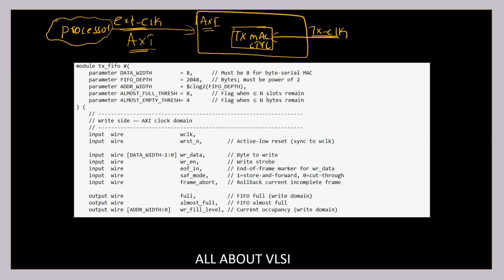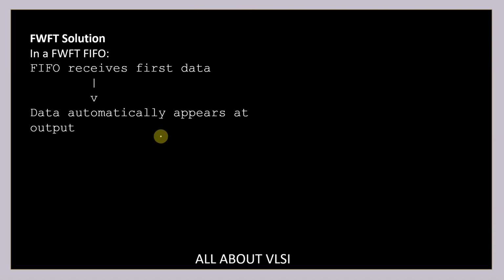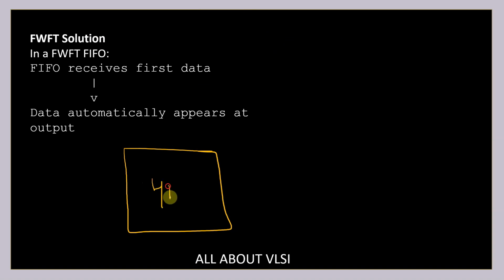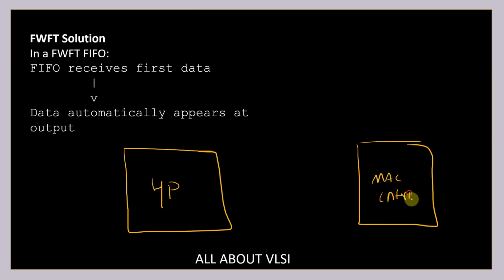In the previous session, when we discussed the asynchronous FIFO, we saw that in this particular case we are going to use an asynchronous FIFO. So this is my processor and this is my MAC controller, which is now working with a different clock, which it gets from the physical receiver.